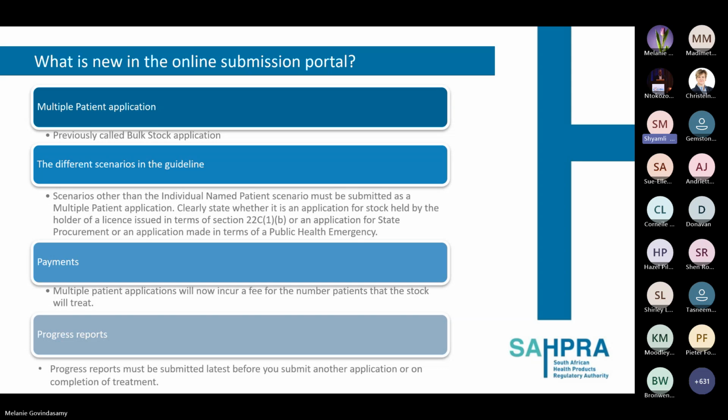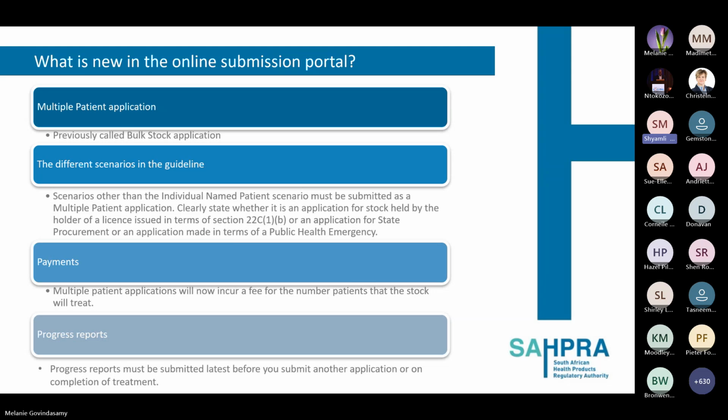We used this opportunity to build a feature in the new portal where we can receive progress reports for unregistered medicines, and then use them to evaluate and base decision making on.